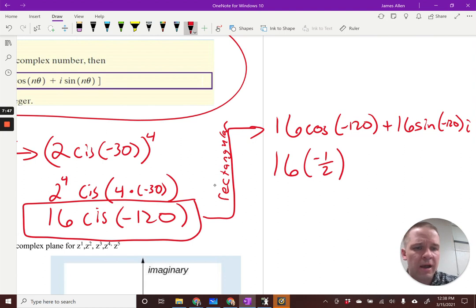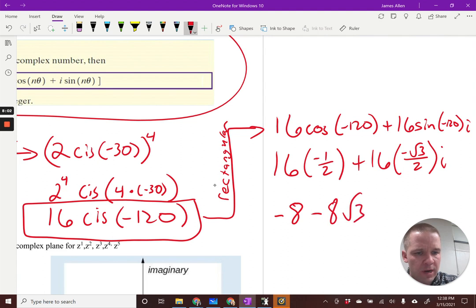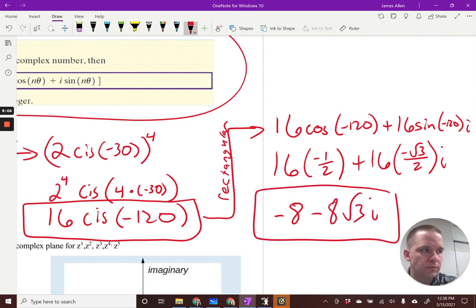So yeah, it's negative 1/2. And then 16 and then sine of negative 120, that's going to be negative root 3 over 2. And then we got i. So I have negative 8 and then minus, let's see, that'd be 8 root 3 i. And there's my wonderful rectangular form.